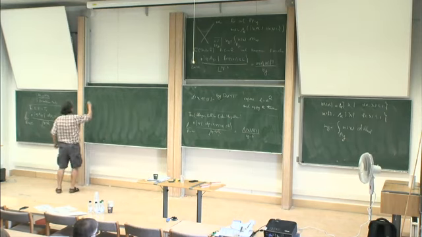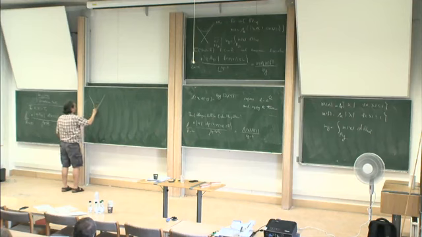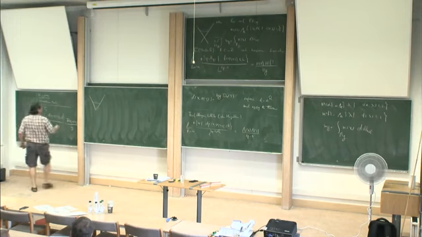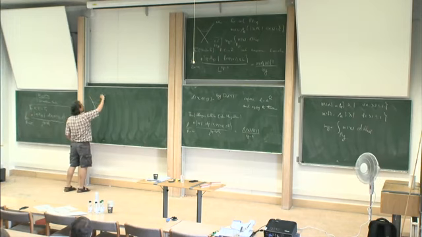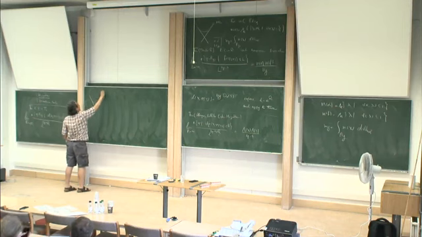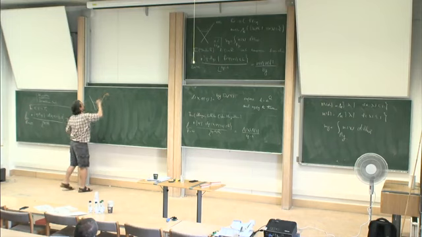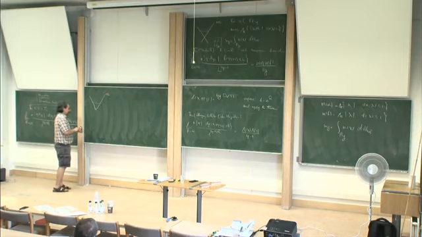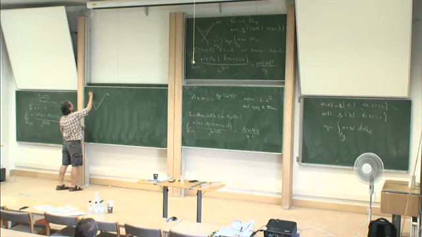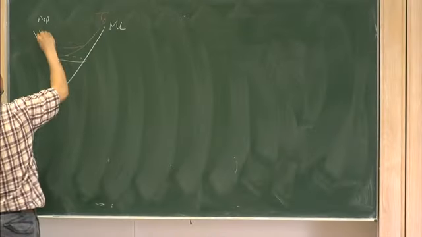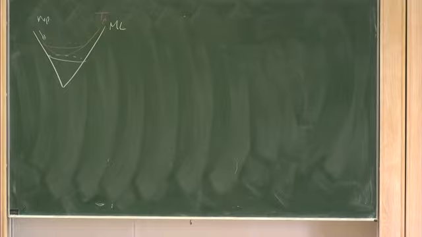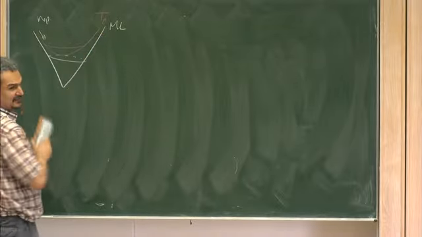So let me draw back for you Bonahon's model of Teichmüller space. So this is T_g, this is ML, and then there's a group action here, right? The mapping class group acts on this space, fixing the light cone and fixing Teichmüller space.